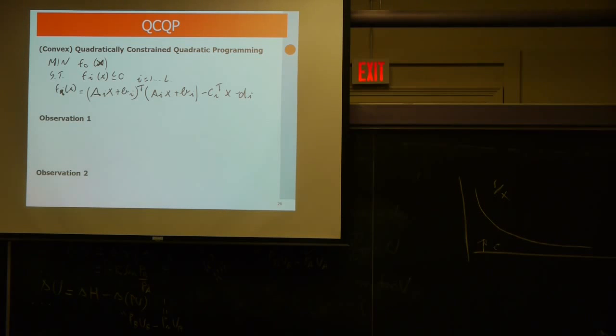And I claim that we can rewrite this problem as an SDP. Is it trivial or not? But you can see how useful this is, right? From now on, if you want to minimize a quadratic objective with quadratic constraints, then if you have an SDP solver, you can go ahead and solve it.